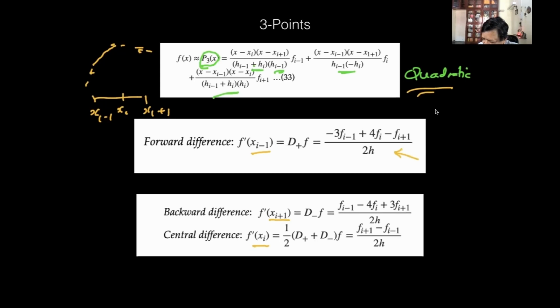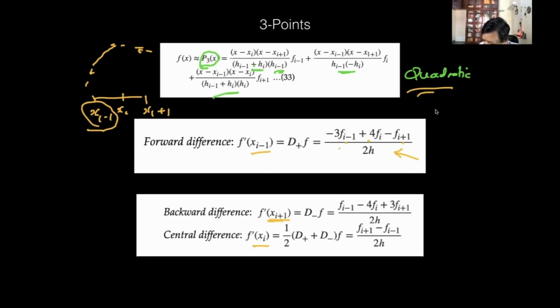If I look at the leftmost point and compute the derivative, I get minus 3 fi minus 1 plus 4 fi minus fi plus 1. So coefficients are minus 3, 4, and minus 1, divided by 2h. But if you look at the derivative at xi plus 1, the rightmost point, then I get a different function.